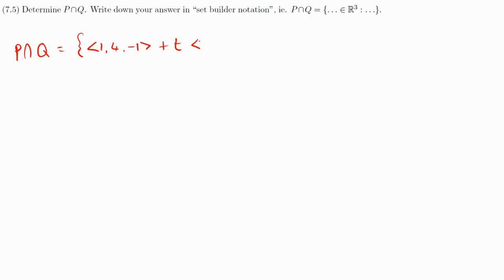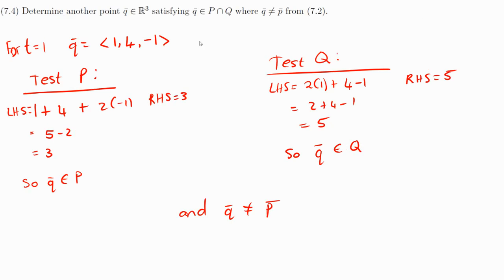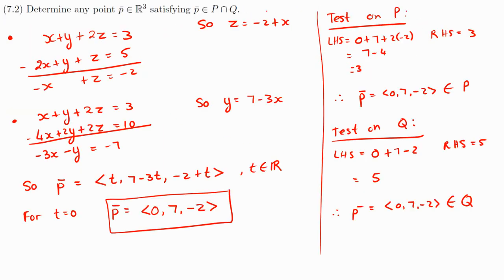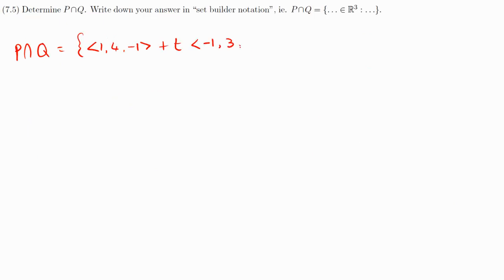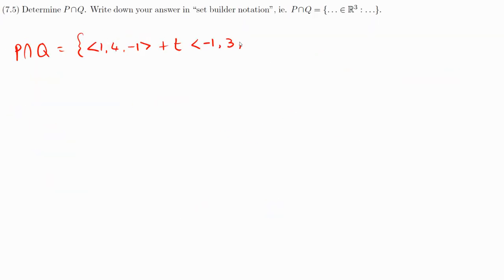So let's do a starting point as 1, 4, minus 1, plus T, and then we take P minus T. So 0 minus 1 is just minus 1, and then 7 minus 4 is just 3, and then minus 2 plus 1.